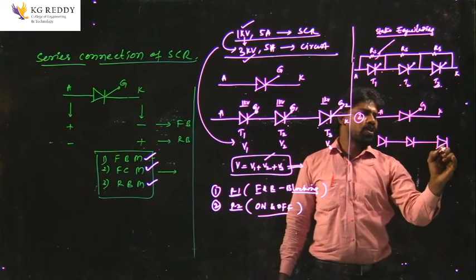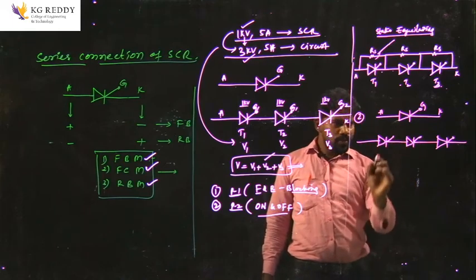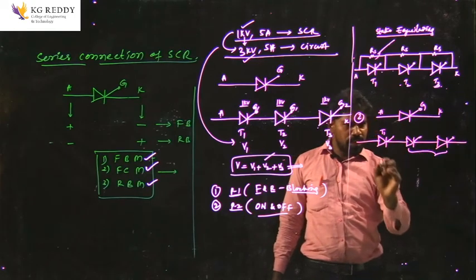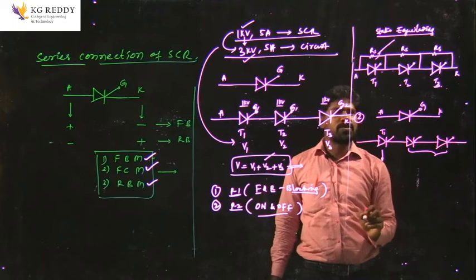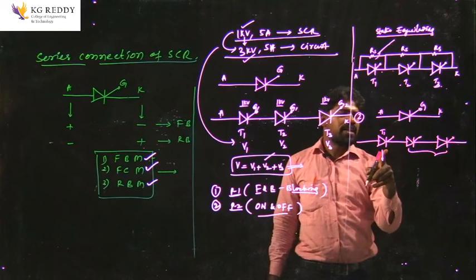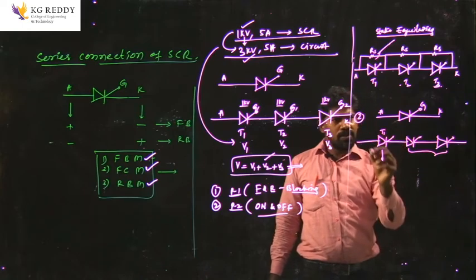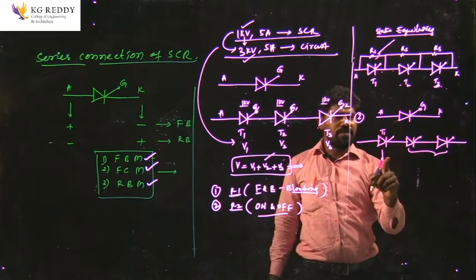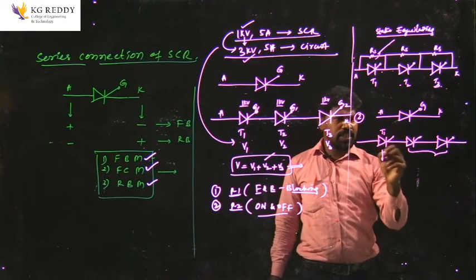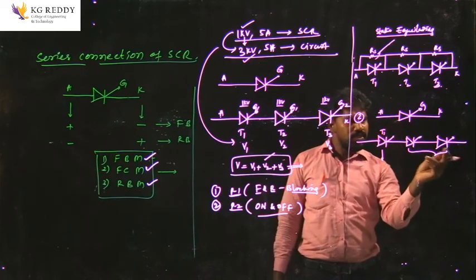How are we going to overcome these turn on and turn off problems? In this diagram, T1 is going to trigger. Due to the overloading, T1 may be damaged because of the turn on process. The first thyristor T1 turns on while the remaining two are still off, so the total overloading falls on it. Whichever thyristor starts conducting first may be damaged. The same happens in the off condition.